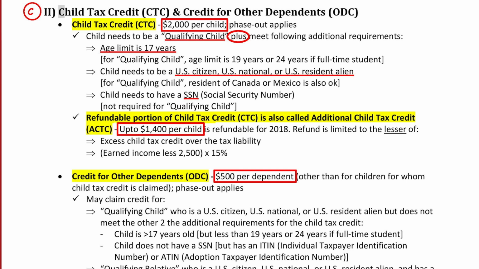Now under credit for other dependents, the taxpayer could have a qualifying child who is a US citizen, US national, or US resident alien, but maybe does not meet the other 2 requirements for the child tax credit.